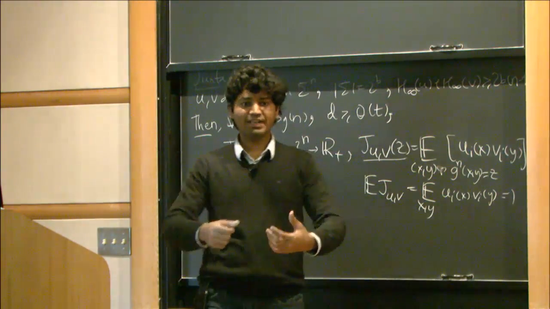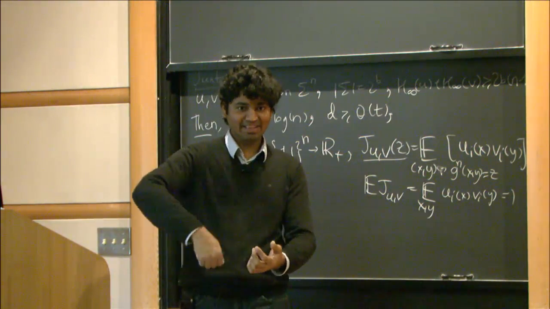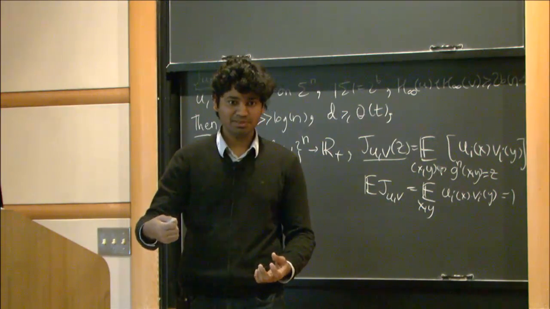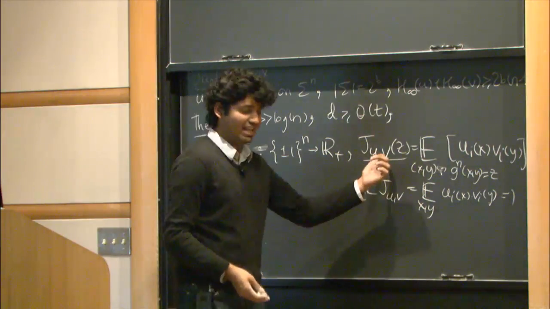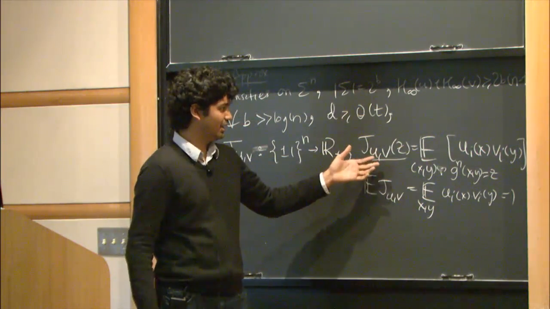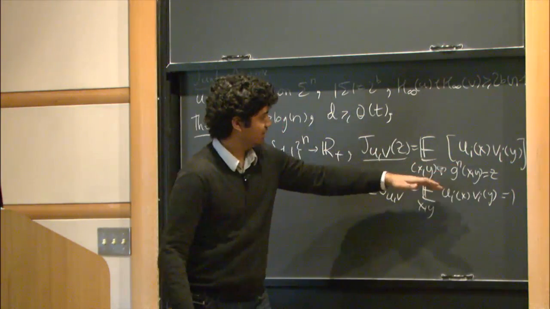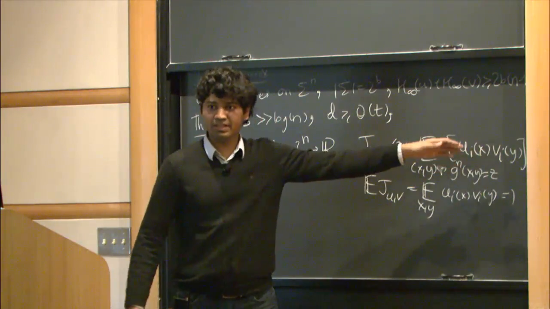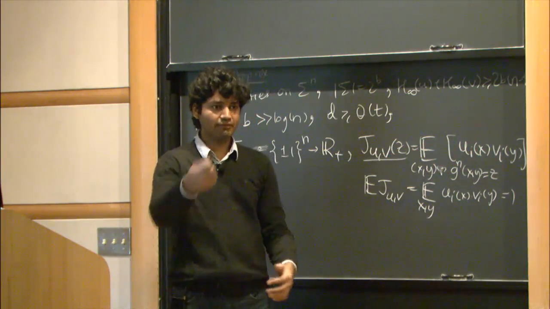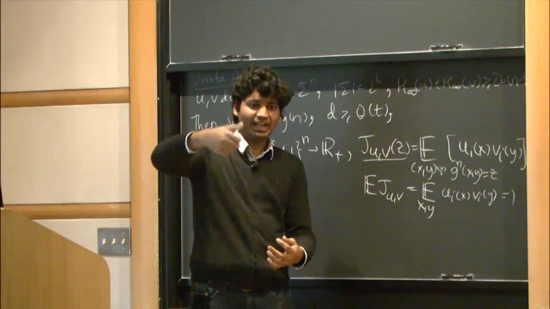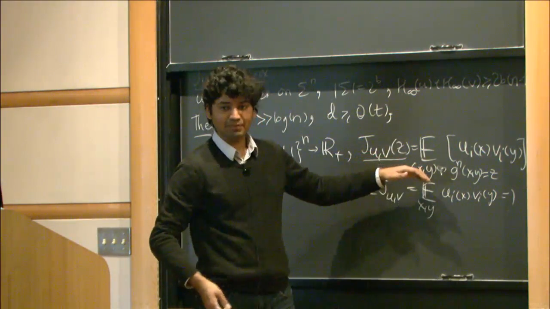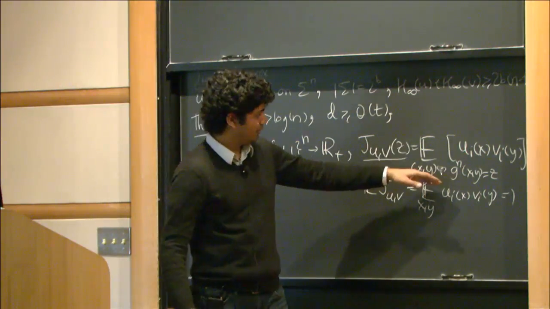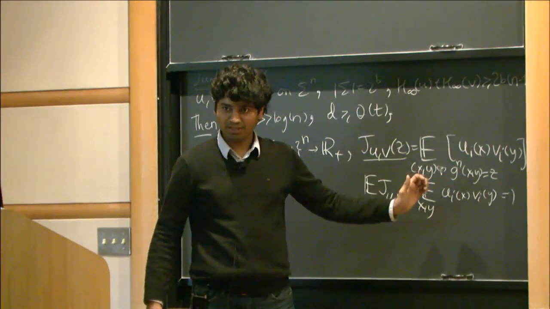So this random variable g to the n of xy, when x and y are drawn uniformly from the rows and columns, takes values in +1 -1 to the n, right? And juv is the density of it corresponding to when I use u's and v's as the distribution. When I draw x and y from the distributions corresponding to u and v, this juv gives me the density function or the distribution of the random variable g to the n of xy, right?